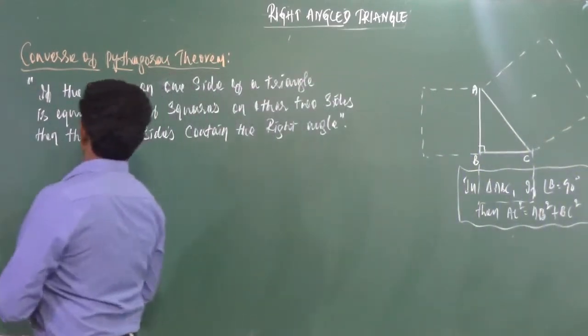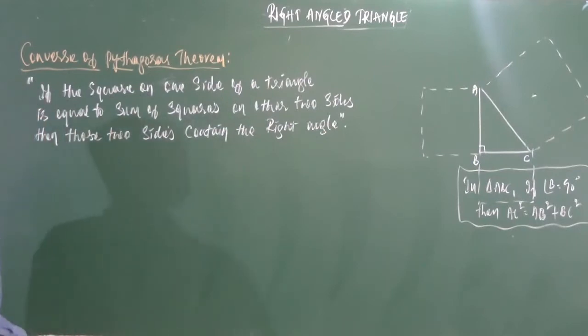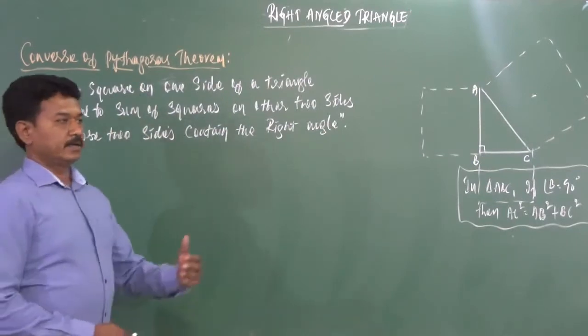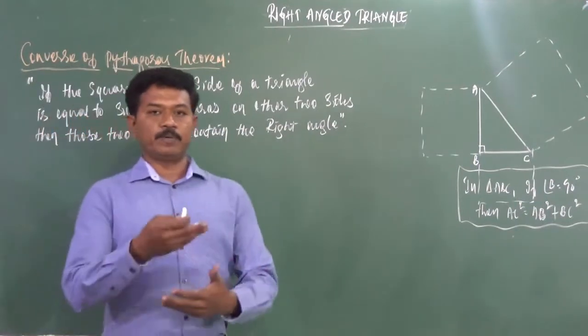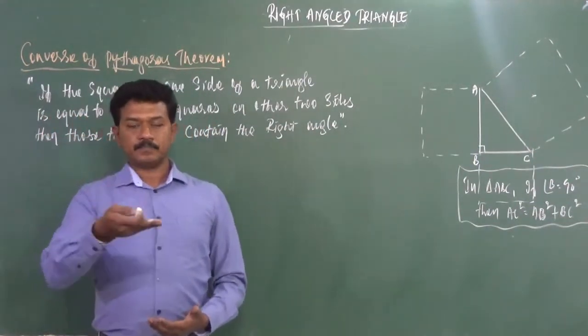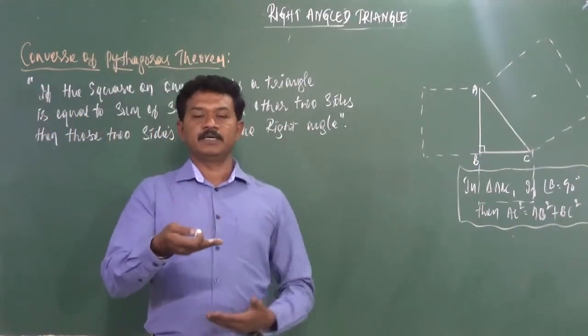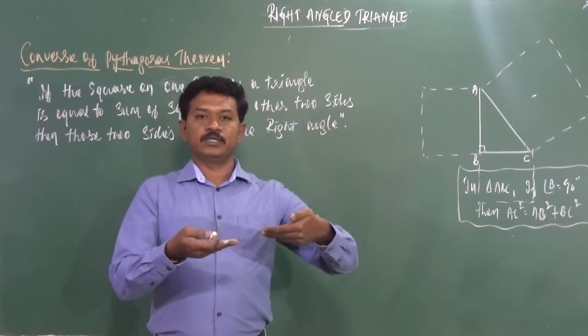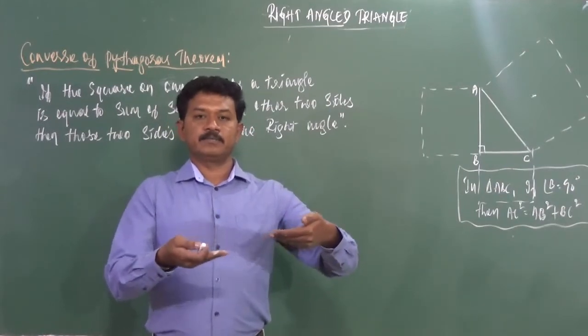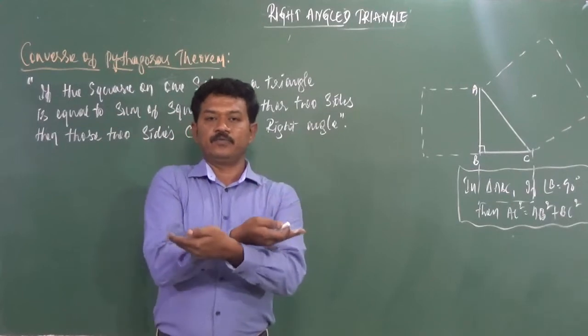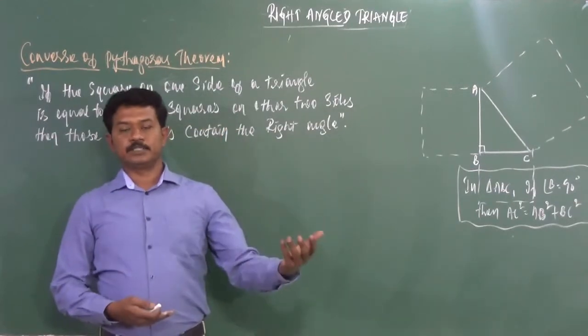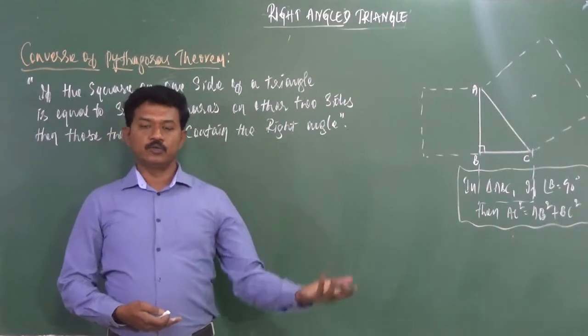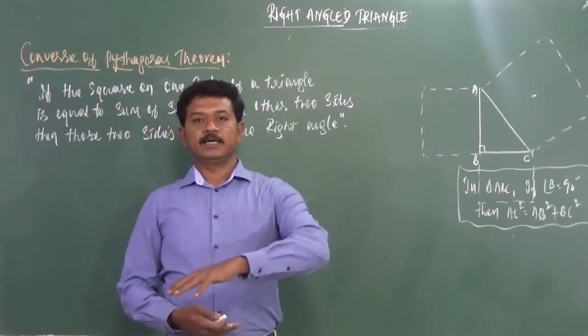According to the converse of Pythagoras theorem, usually what we do is, the Pythagoras theorem statement has two parts in it. One is the hypothesis, the first part of the statement, and the second part is the conclusion. In the converse of Pythagoras theorem, we just reverse that. We take the hypothesis part as the conclusion and the conclusion part as the hypothesis.